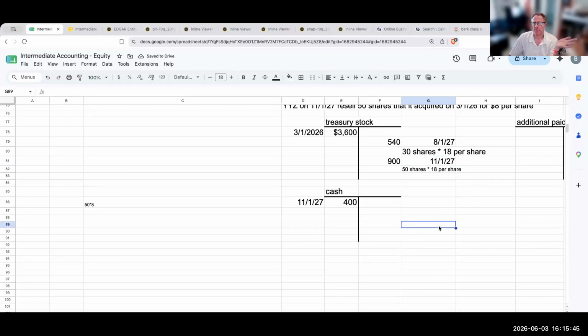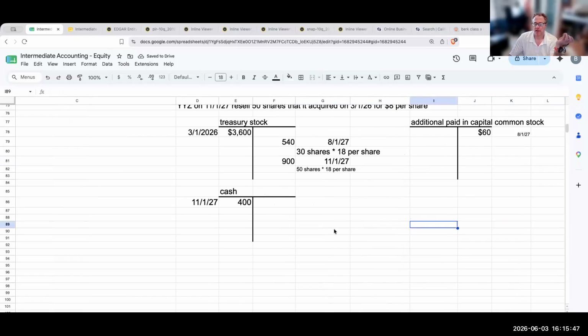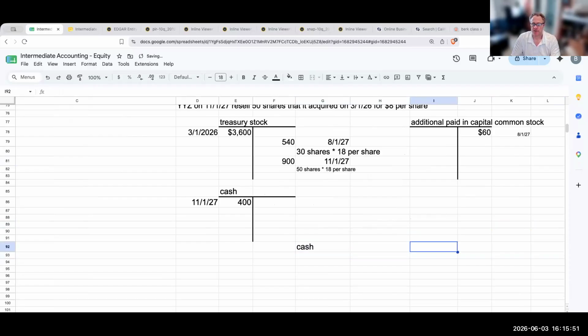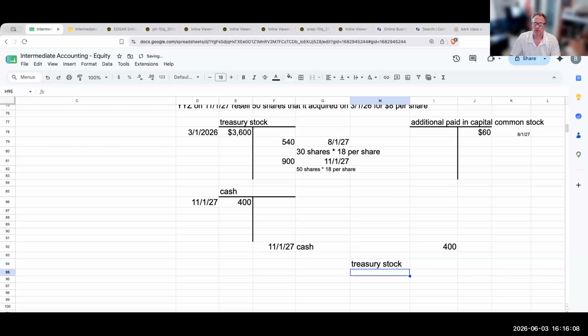If I'm building a journal entry, I'm debiting cash on 11/1/27 for 400, and at the same time I'm crediting Treasury stock for 900, or what I originally paid for it.